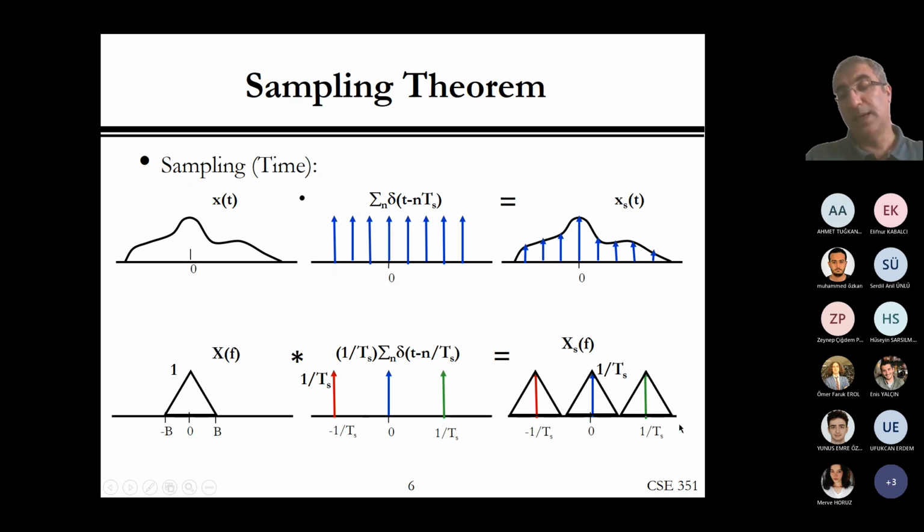So that's why Nyquist rate says the Fs, which is equal to 1 over Ts, must be greater than 2 times of bandwidth so that you can separate these copies, because these are the same information that you are replicating, copying every Fs.